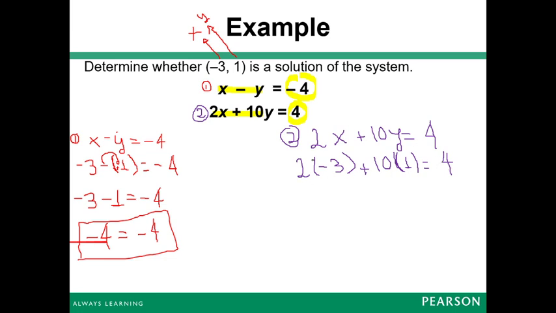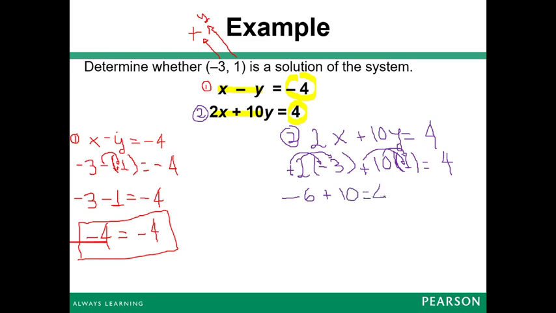Excellent. Now, remember that these two have a positive sign. It doesn't appear, but I'm going to put it, because we have to multiply positive times negative. Positive times negative is negative. Now, 2 times 3 is 6. Now, plus times plus is plus. Now, 10 times 1 is 10.